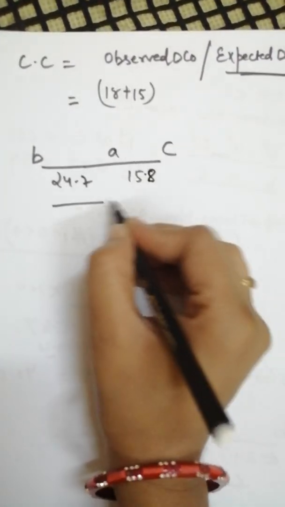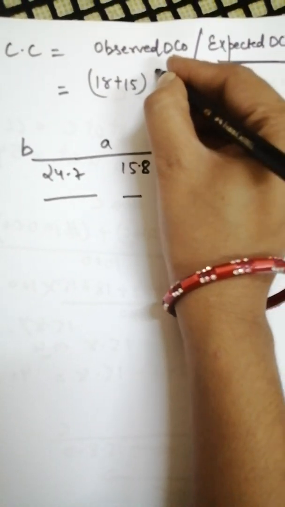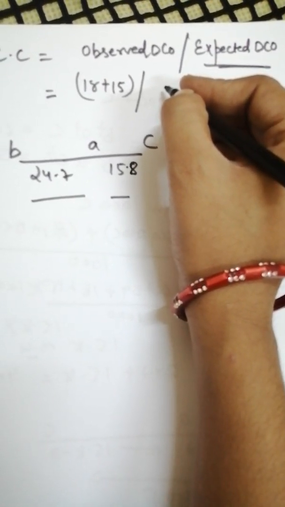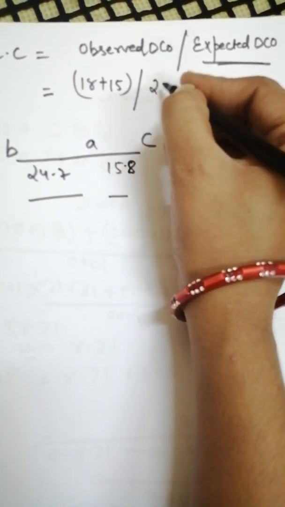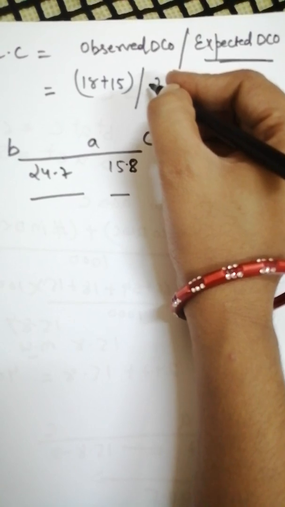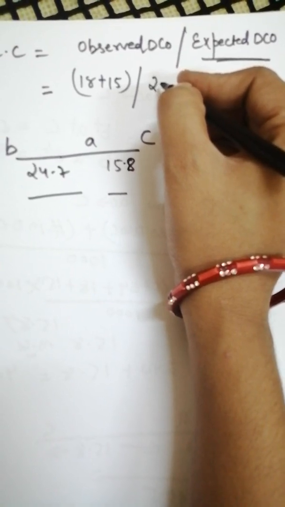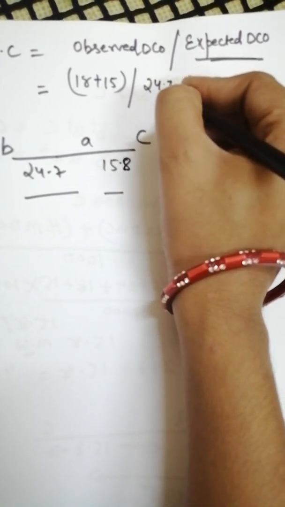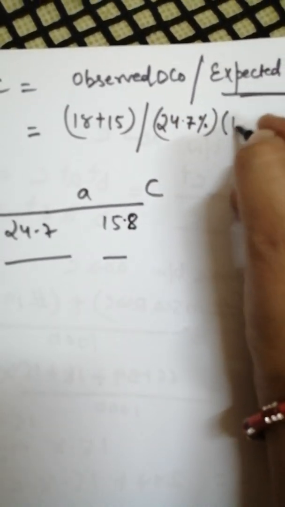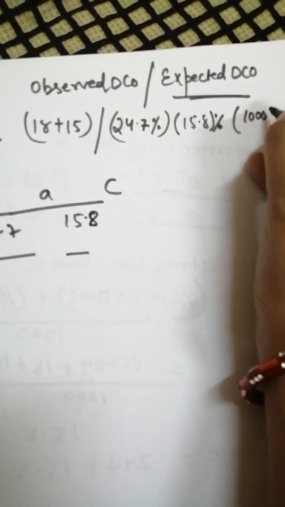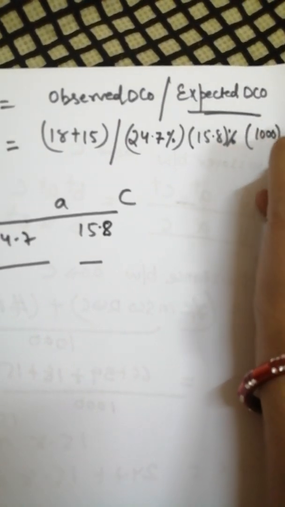Then expected double crossover is 24.7 percent and 15.8 percent of the total, that is 1000.